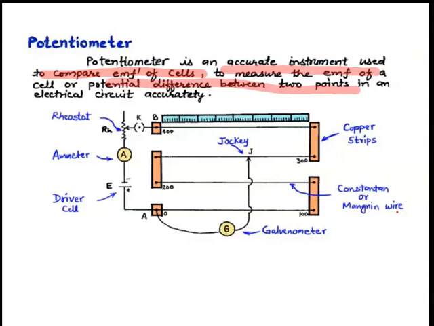It measures the potential difference between 2 points as the voltmeter does, but it gives a more accurate reading as it does not use any current from the circuit. So, potentiometer is preferred over voltmeter.